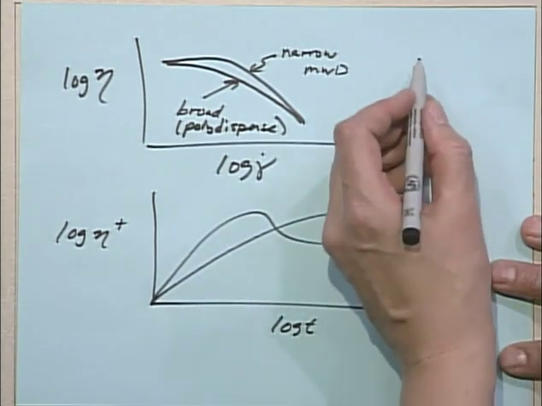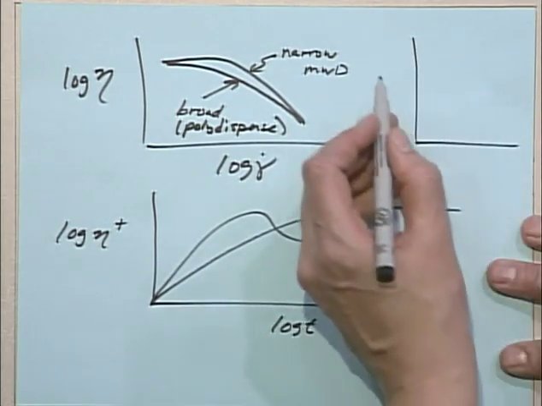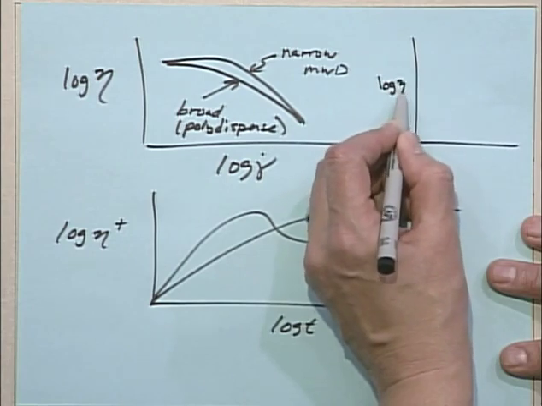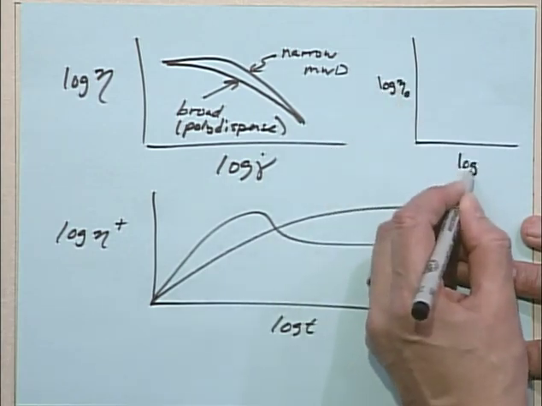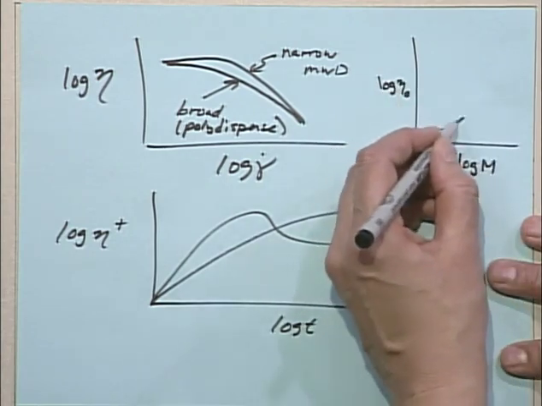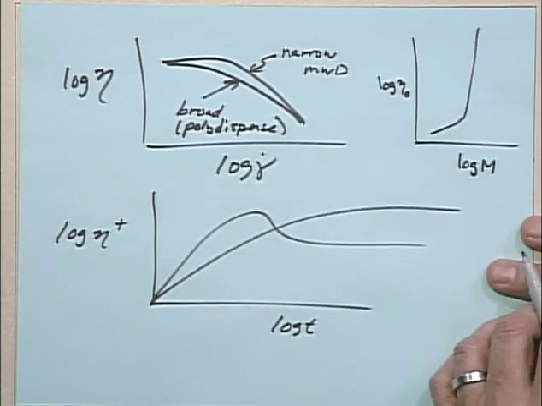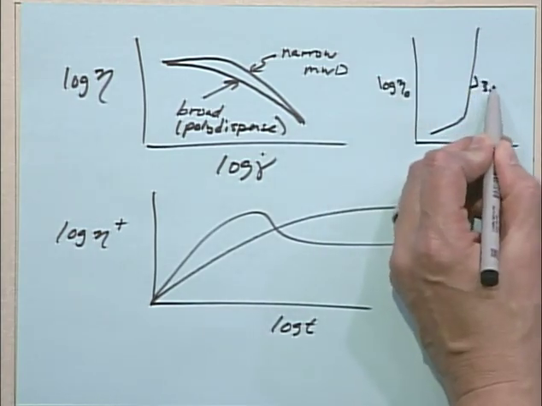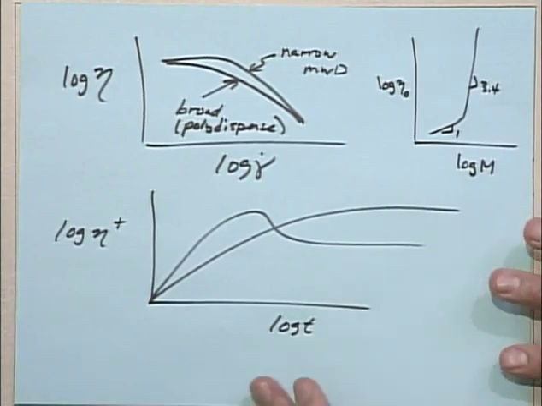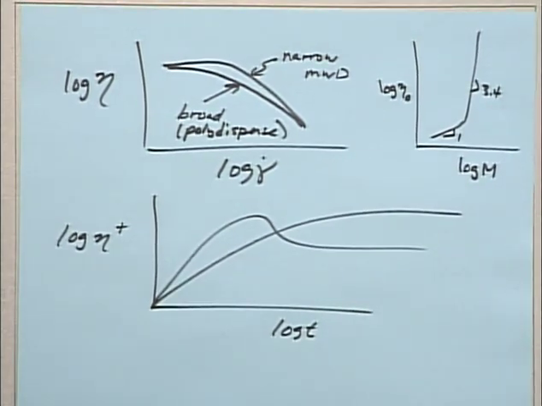And another graph that I think we've looked at in the homework quite a bit is zero shear viscosity versus molecular weight, which looks like a hockey stick. So I'm going to try to only ask what I consider really the key things, and that's why we narrowed it down to what was on that sheet.